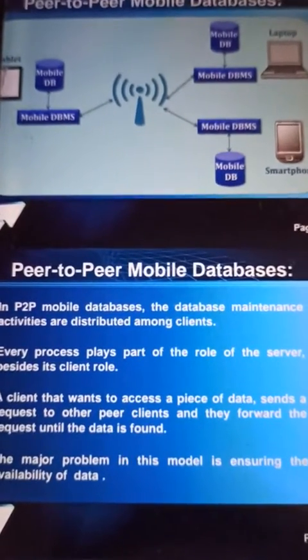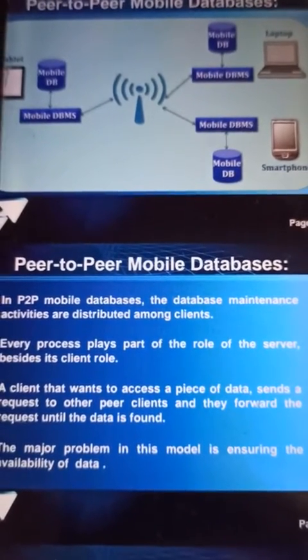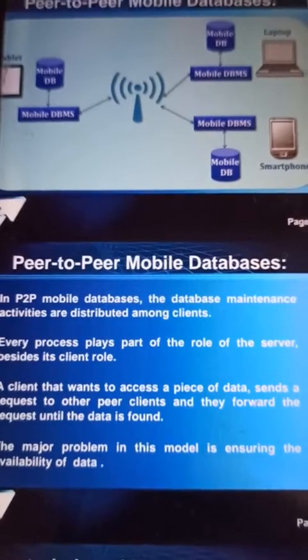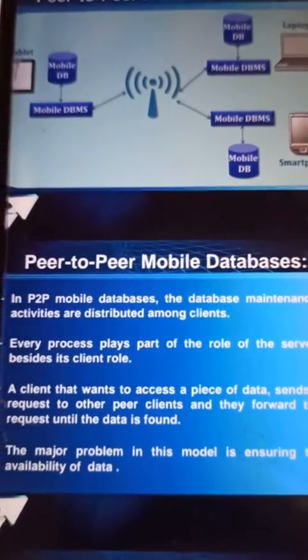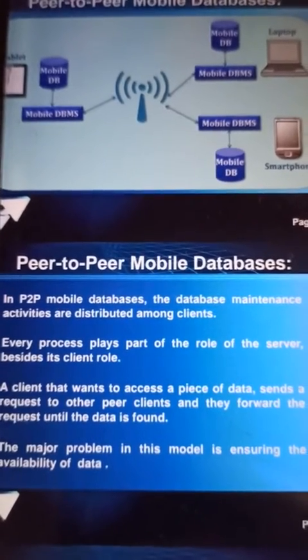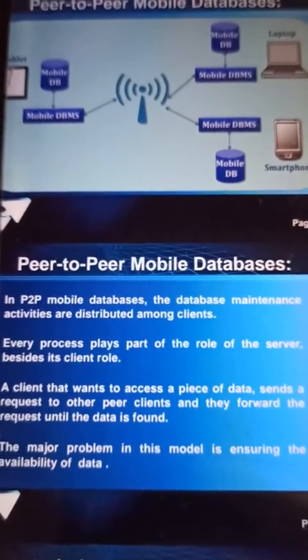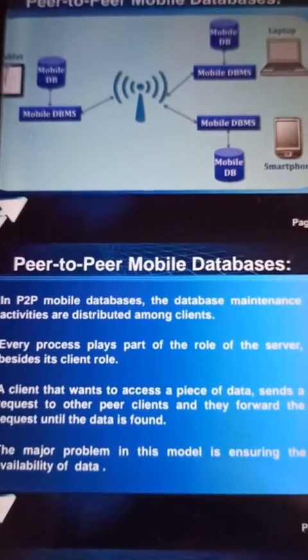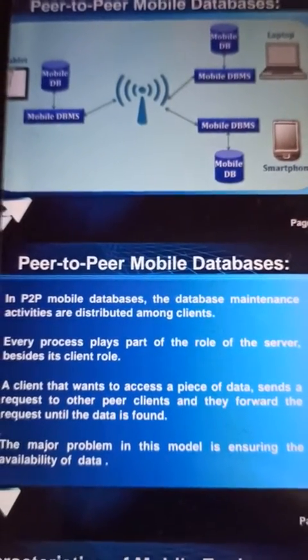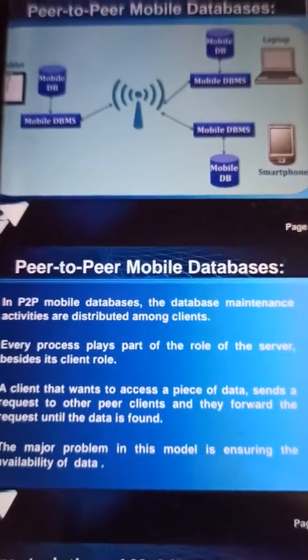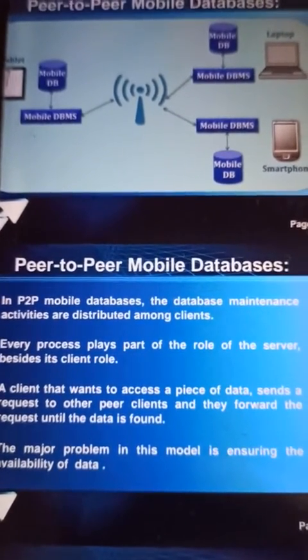In peer-to-peer mobile databases, the database maintenance activities are distributed among clients, because each client has a mobile database. Every process plays part of the role of the server besides its client role. A client that wants to access a piece of data sends a request to other peer clients, and they forward the request until the data is found.